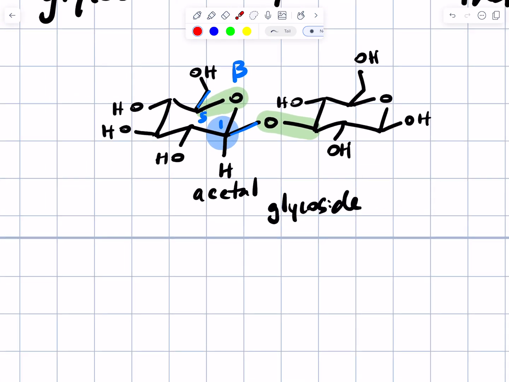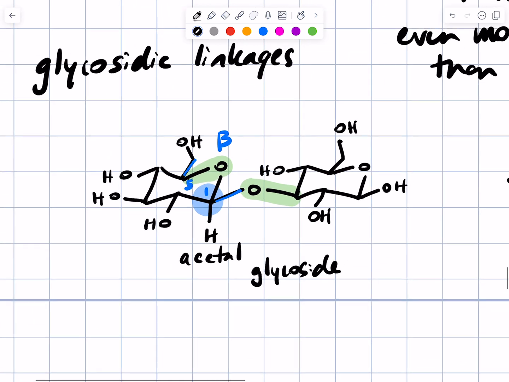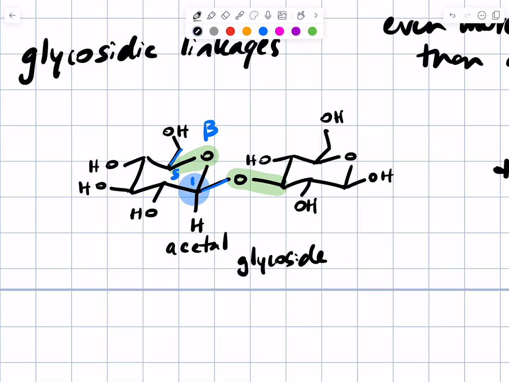So the way we do this is we'll describe this glycosidic linkage, the linkage between the two sugars, starting with the configuration of the anomeric carbon, what used to be the hemiacetal carbon, which is beta.